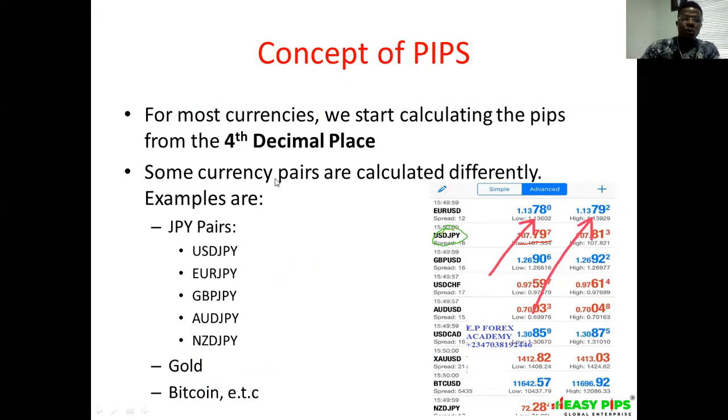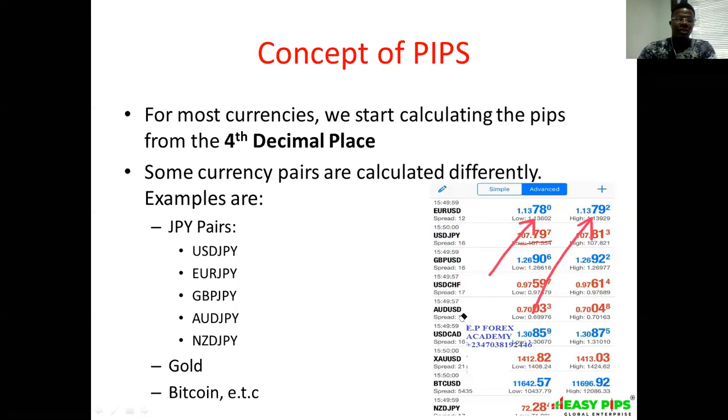I want you to take time to go through this lesson again and understand the basic calculation for pips. You can easily watch this video all over again, and you can pick some of these figures right here and try out how to calculate pips. Try different numbers, try 100, try 200, try 15, try 12, try 13, try any numbers so that you can master these things.